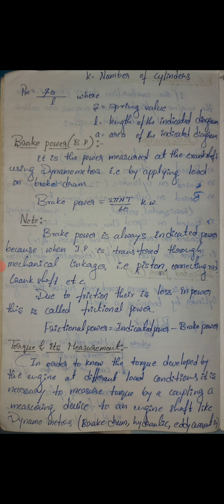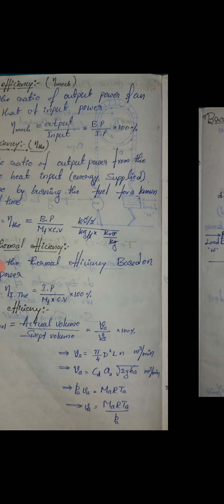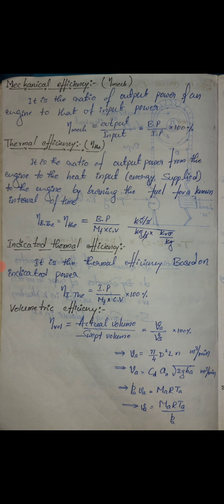After finding the indicated power and brake power, we are going to calculate the mechanical efficiency and brake thermal efficiency. And by knowing the indicated power, we are going to calculate the indicated thermal efficiency. Next we are going to calculate the volumetric efficiency. It is nothing but actual volume by swept volume.